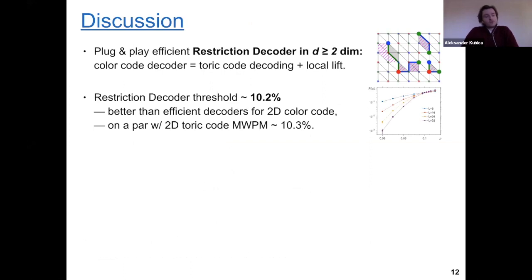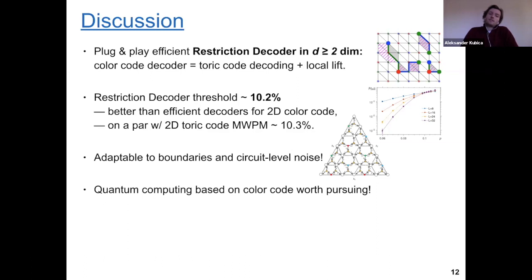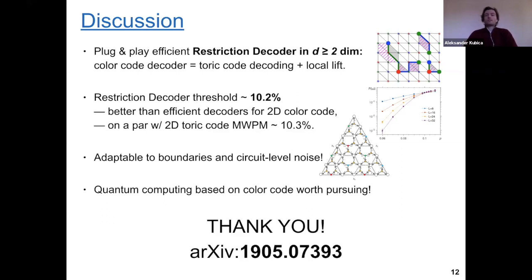We saw that the restriction decoder gives a high threshold, and this is better than efficient decoders for 2D color code and on a par with 2D toric code decoders. This decoding strategy can be adapted to boundaries and circuit level noise model. And as the take home from my talk, I would want to say that quantum computing based on color code is definitely worth pursuing. With that, thank you for your attention.